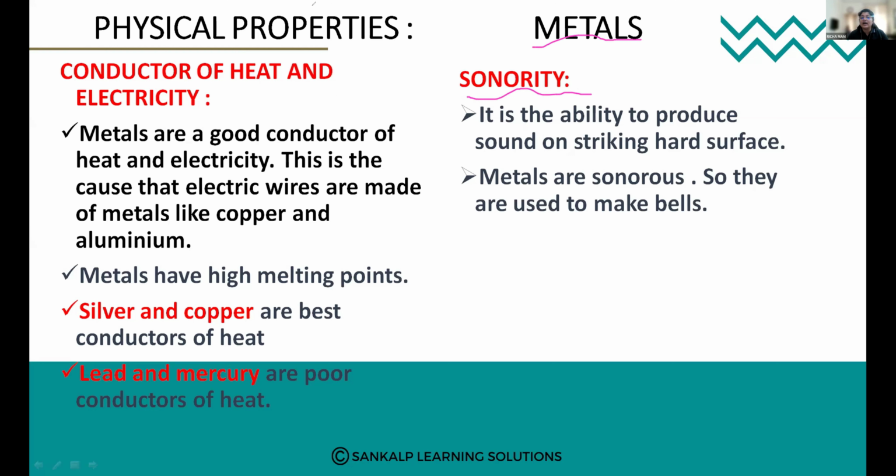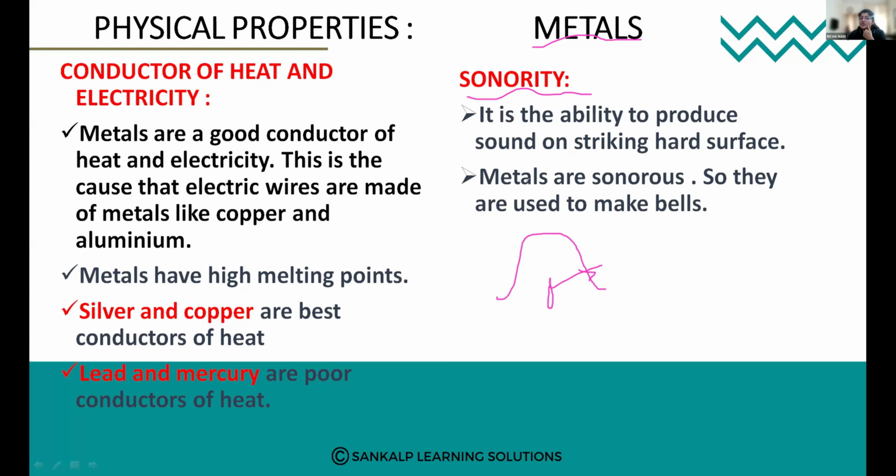So metals are sonorous. One example is the bell. You have seen a bell in the temples, right? When you hit it, what happens? Sound is produced. That is a metal, copper or bronze.